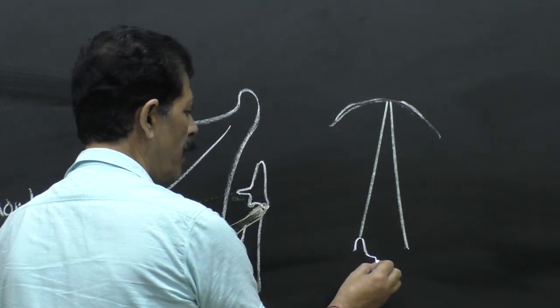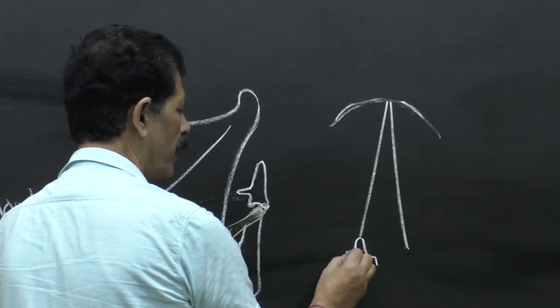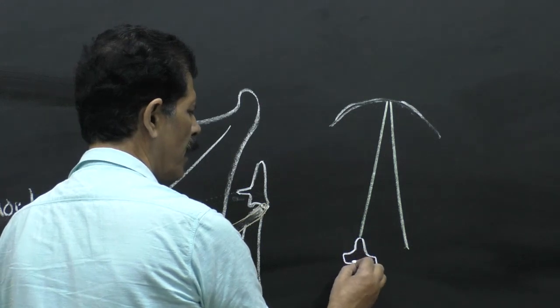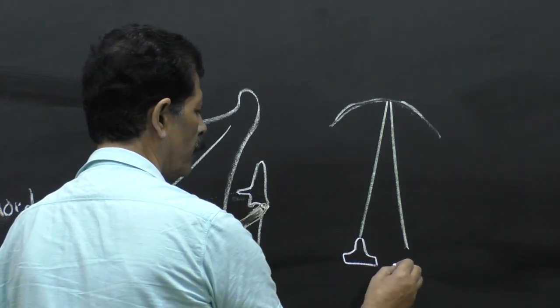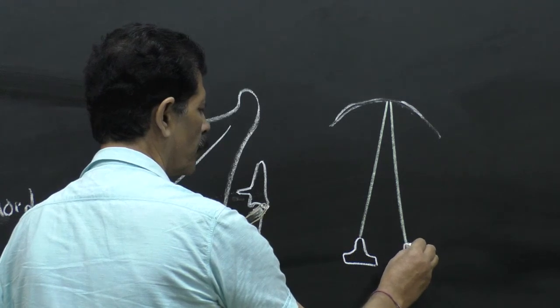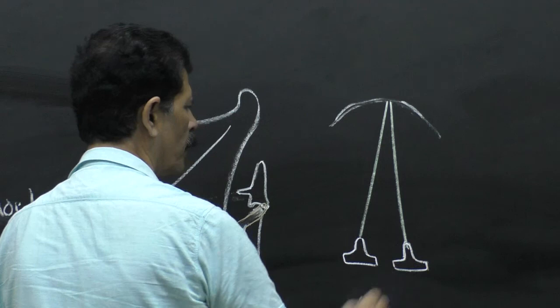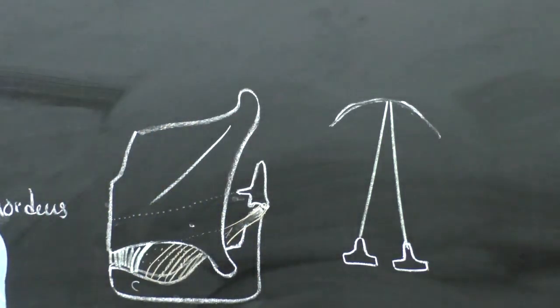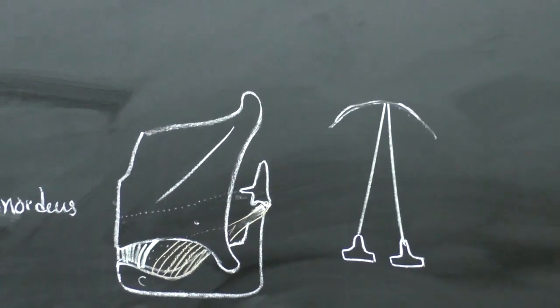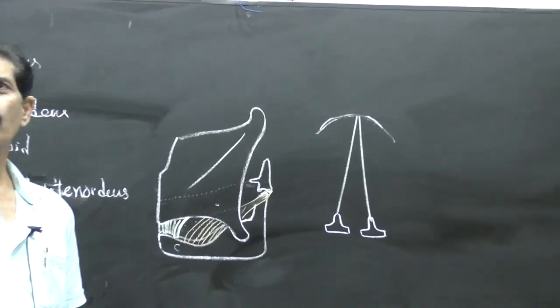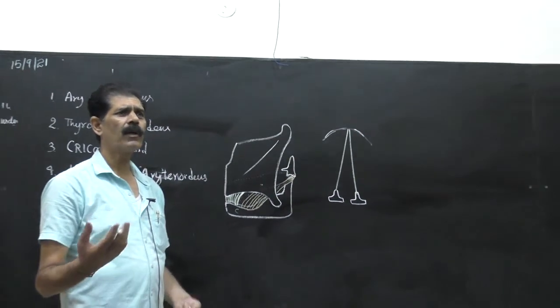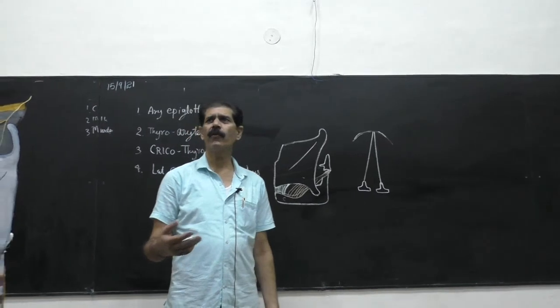And this is the medial part, and this is the lateral part of the base of the arytenoid cartilage. So this is how we show the action of the muscles of the larynx, which move the vocal cord, because vocal cords are vocal. Vocal means they are concerned with voice production.